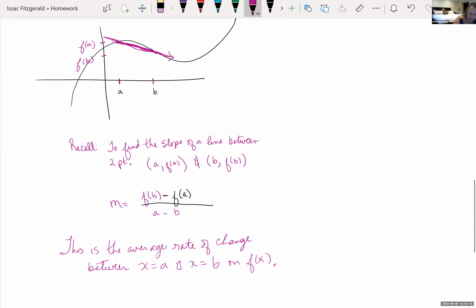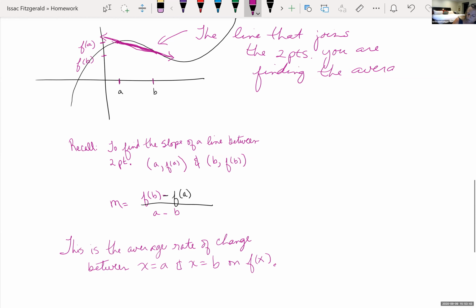This is called the secant line. The line that joins the 2 points you are finding the average rate of change for is called the secant line.